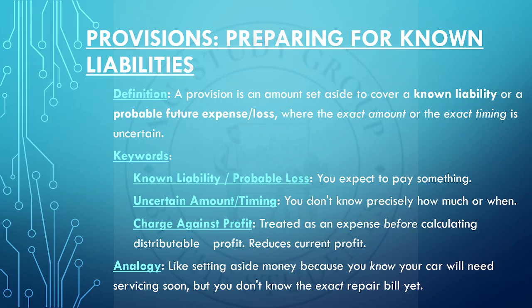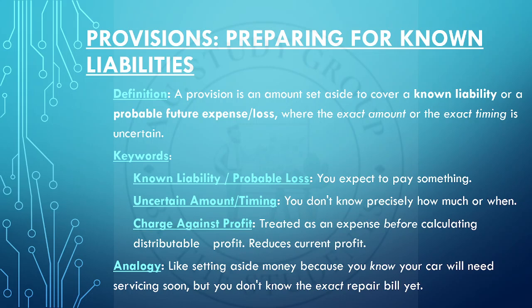You have a liability, an obligation to fix these products because there was a warranty for 1 year. But do you know exactly how many will break or exactly how much each repair will cost? Probably not, right? That is where a provision comes in. It's the money set aside to cover these expected future costs.